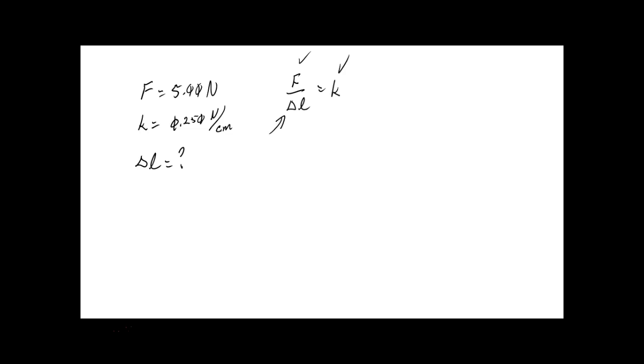How do we do that? Look at the problem. How do we get the delta L by itself? One thing we don't like about it, it's in a denominator. We want it in a numerator. So how do we get it in a numerator?